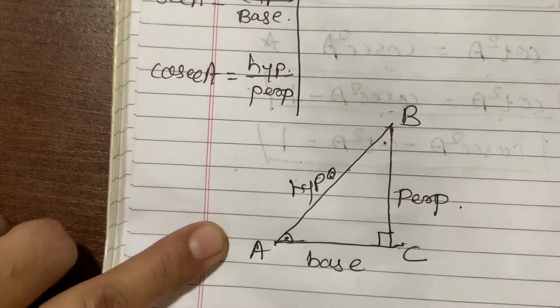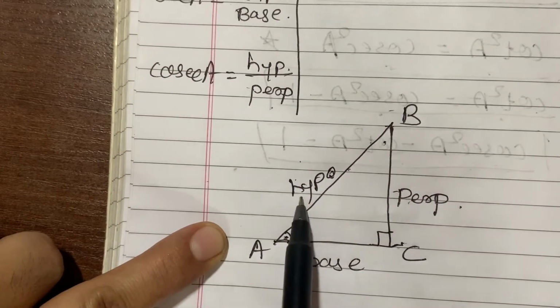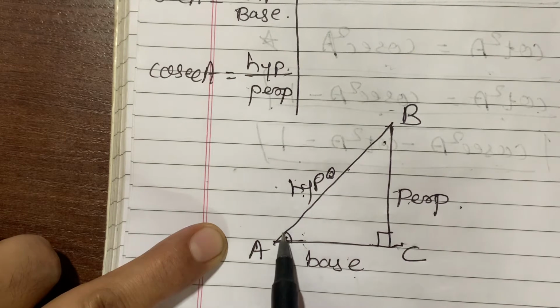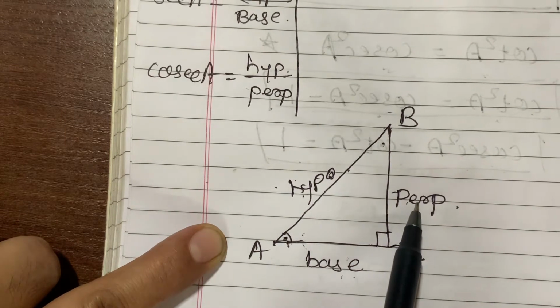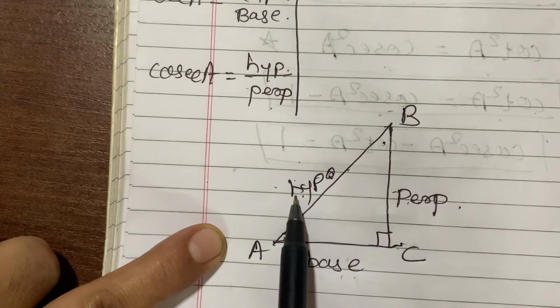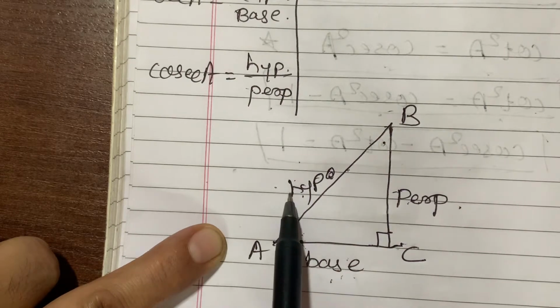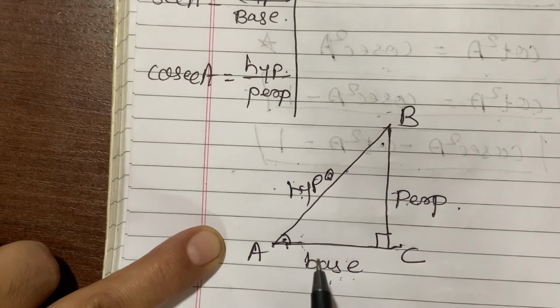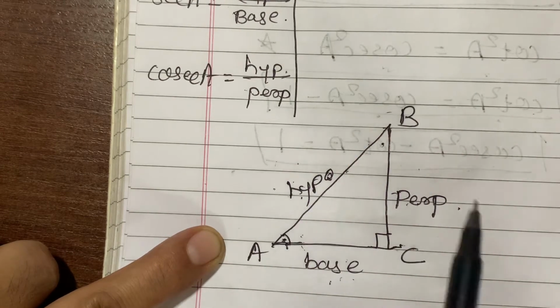So sin A is perpendicular upon hypotenuse, cos A is base upon hypotenuse, tan A is perpendicular upon base, cot A is base upon perpendicular, sec A is hypotenuse upon base and cosec A is hypotenuse upon perpendicular. These are the six basic trigonometrical ratios related to the triangle.